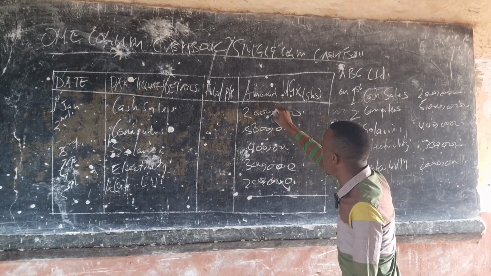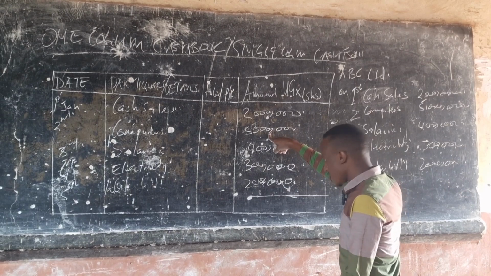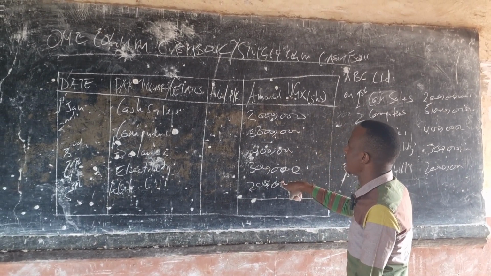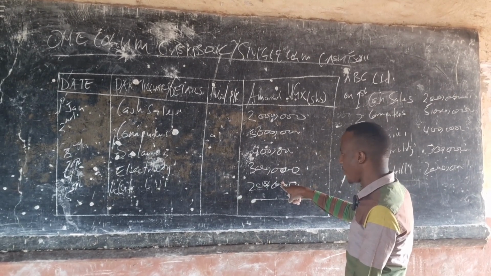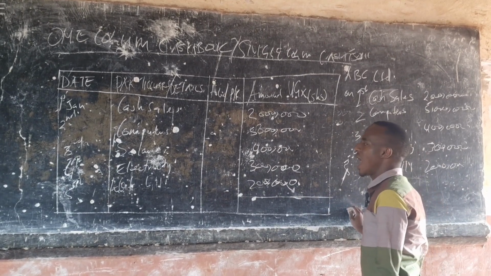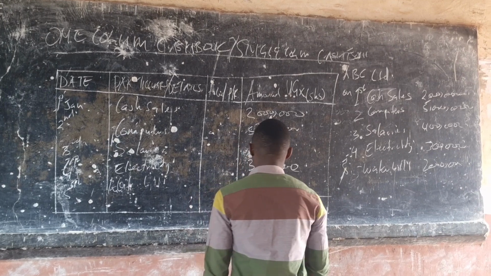This is 2 million and 5 million. This is 7 million plus 500,000, that is 7.5 million, plus 400,000.